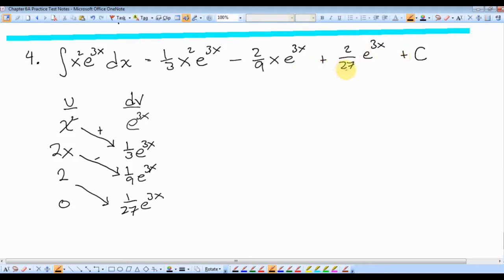Looks like I have to factor out 1/27, right? So 1/27 e to the 3x.